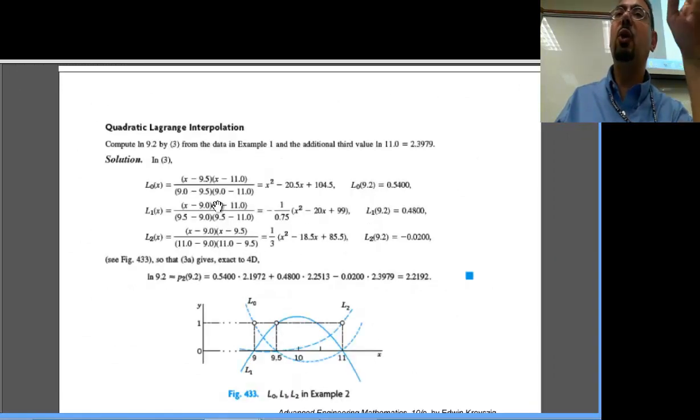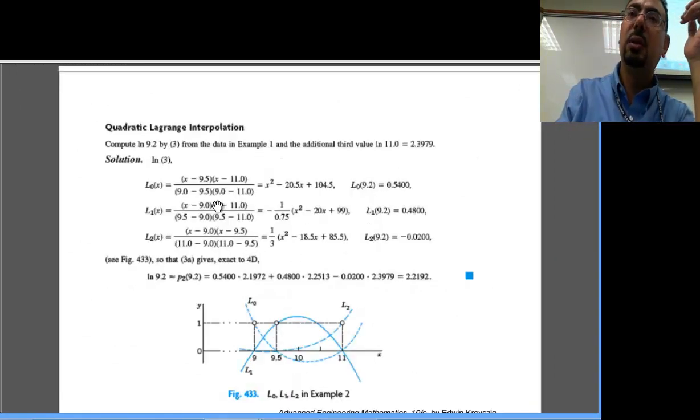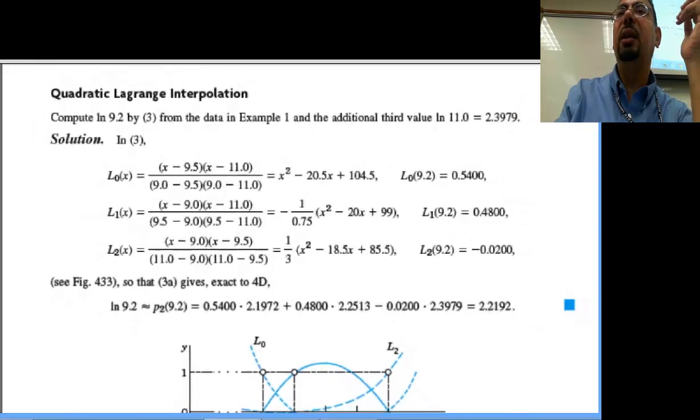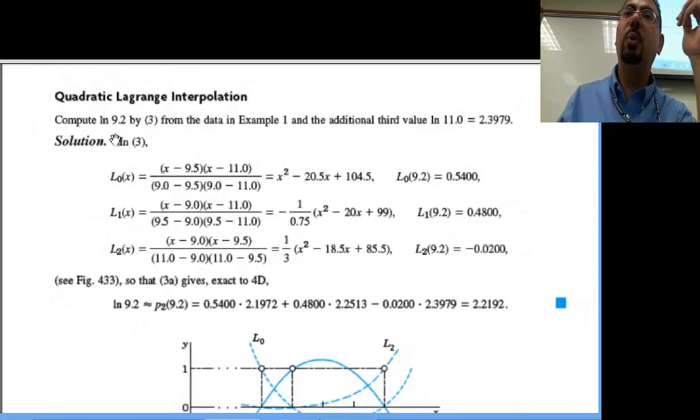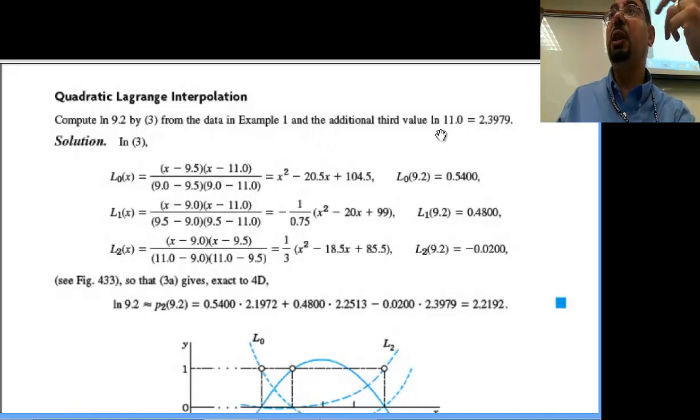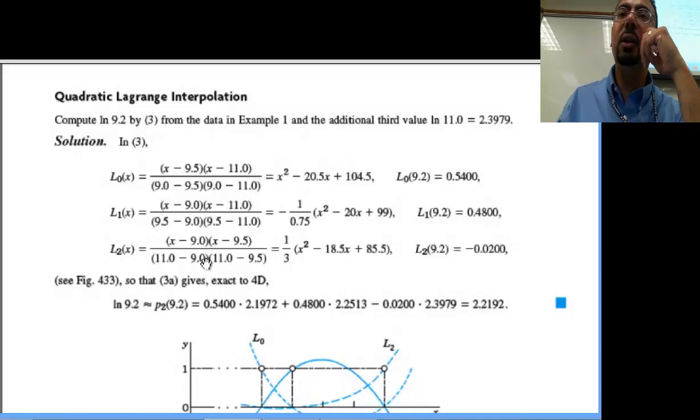Not surprisingly, here's an example to start with. It's the same thing: ln 9.2, but using 3 values now. We need a third initial value, so he gave ln 11. So you have 9.5, 11 and 9. He used all those 3 to come up with 9.2.